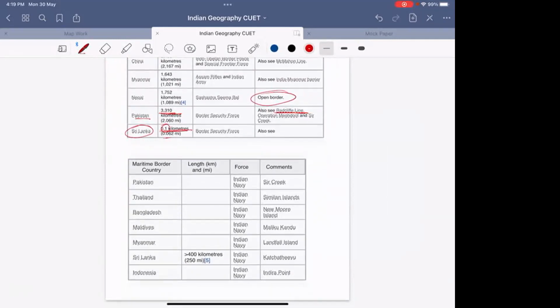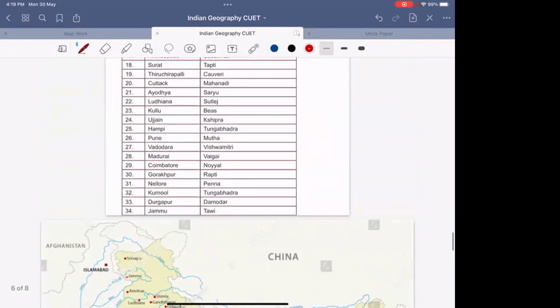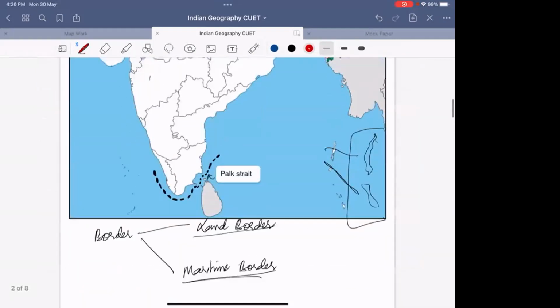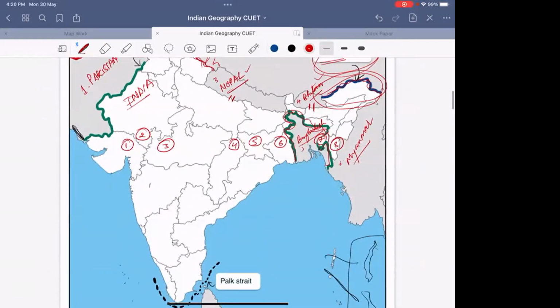Maritime is the water body, like the Indian Ocean. The Indian Ocean is a part of India. Okay, and which other country touches the Indian Ocean? Pakistan touches it. So automatically India and Pakistan share a border.